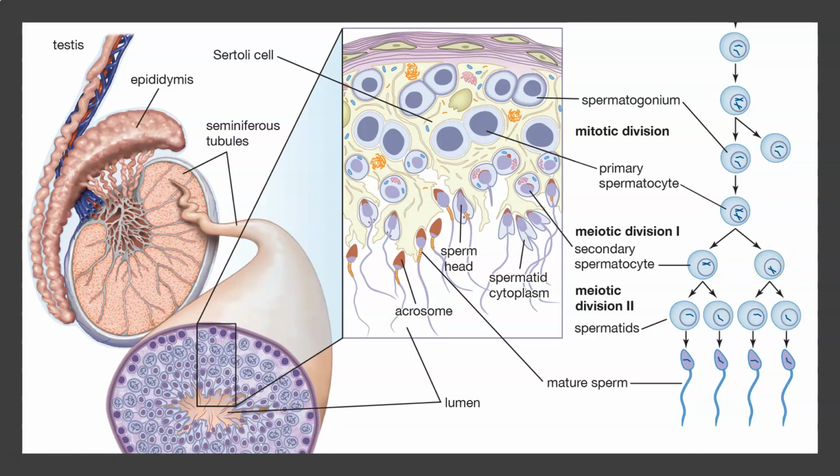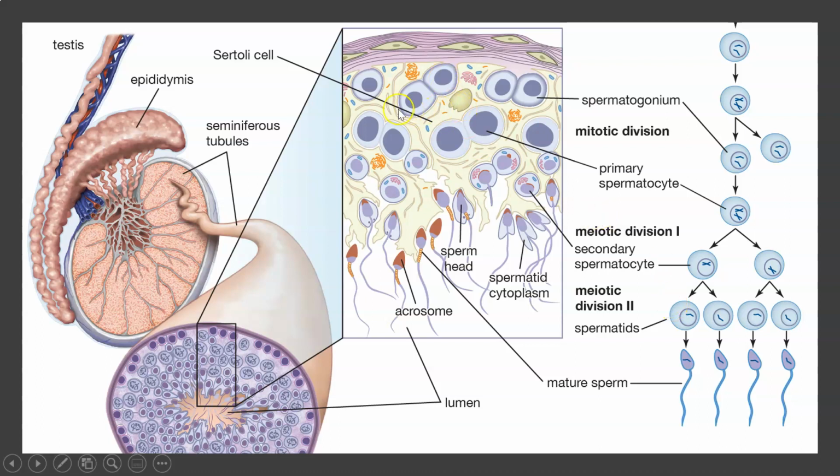These cells are then going to go through meiosis 2, and they're going to end up forming 4 immature sperm cells that are called spermatids, and those are going to be located right here. So we go from a germ cell to spermatogonium, to primary spermatocyte, to secondary spermatocyte after meiosis 1, and then spermatid after meiosis 2.